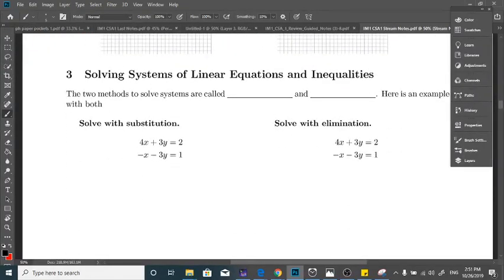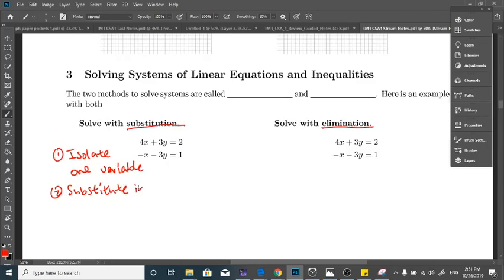Okay, solving systems. So we have substitution and elimination. So for substitution, what we need to do is we isolate for one variable, isolate one variable, and then substitute into other equation.